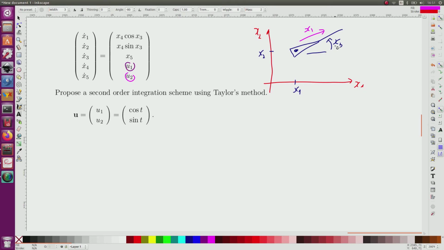Okay, so I will recall what is the Taylor method for the integration. My system has the form x dot equal f of x and u. And I have in my state space, which is in our situation of dimension 5, I have x here.